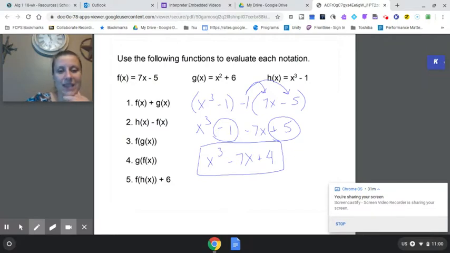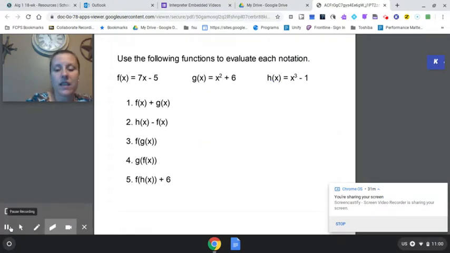Okay, these next two are composite functions. These composite functions, again, I want to work from the inside out. So first it says f of g of x. So I need to figure out, well, what does g of x say?